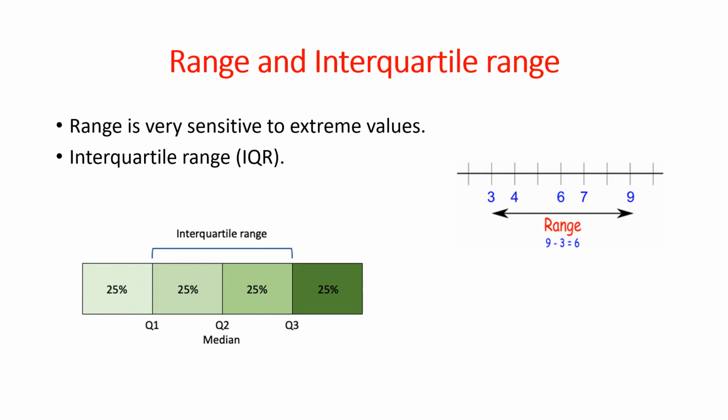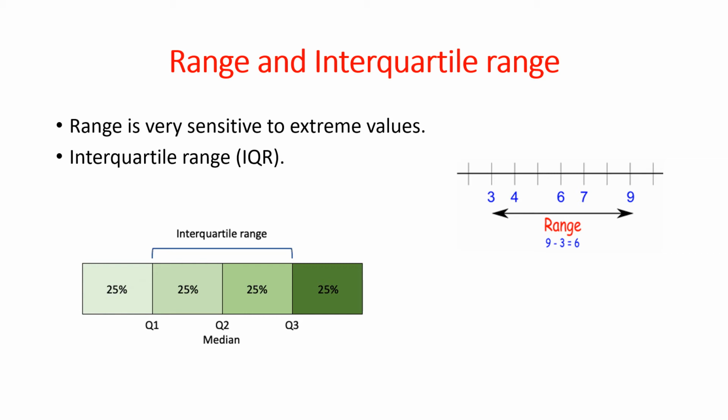If you remember when we were talking about measures of central tendency, we said that the median was very robust against outliers, while the mean was not very robust and was very sensitive to extreme values.